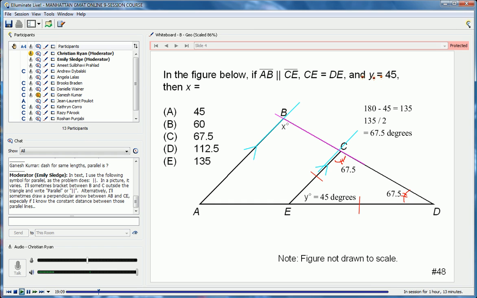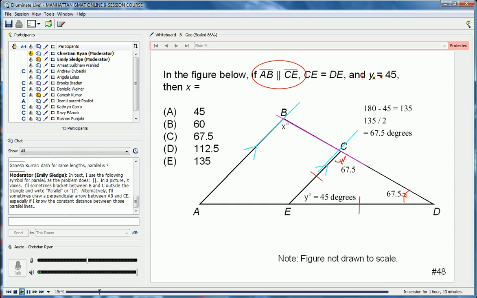Fantastic. That's exactly right. Sometimes what you have to do in order to see what comes about as a result of parallel lines, which is what this symbol up here between the AB and the CE means, and I noticed that Emily has put it in. This here says that those two segments are parallel to each other. Sometimes what I do is extend the lines also so that I can see them a little bit more clearly.